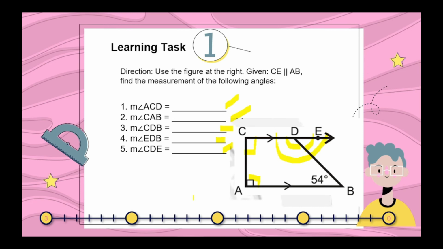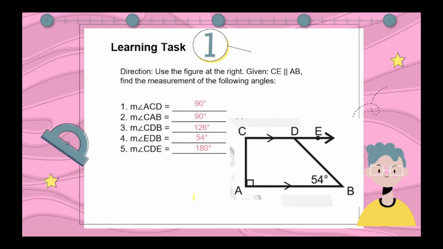Okay, time's up. Now, let us check your answer for learning task number 1. Okay, the answer for item number 1, the measure of angle ACD is equal to 90 degrees. Check your own. Number 2, the measure of angle CAB is also 90 degrees.